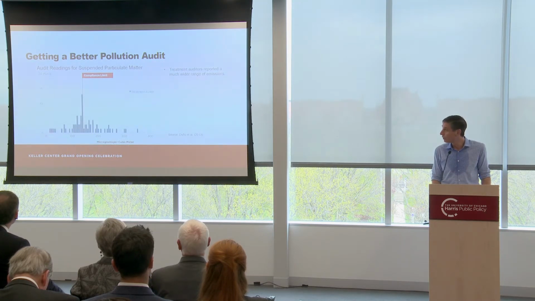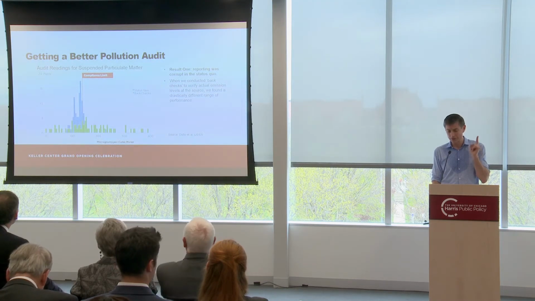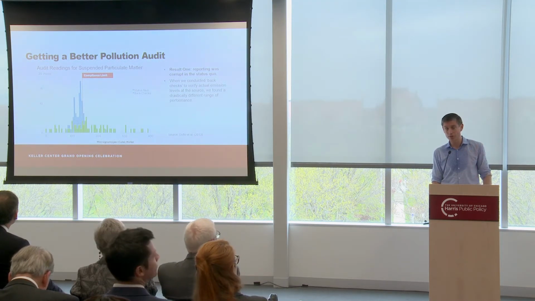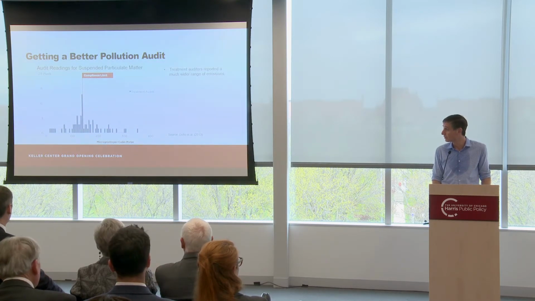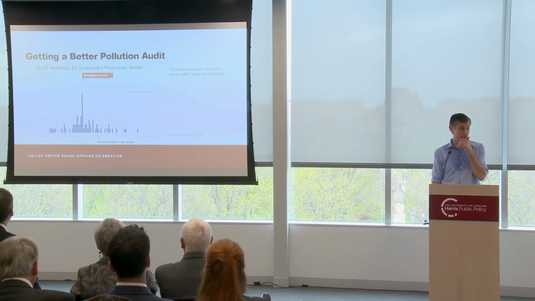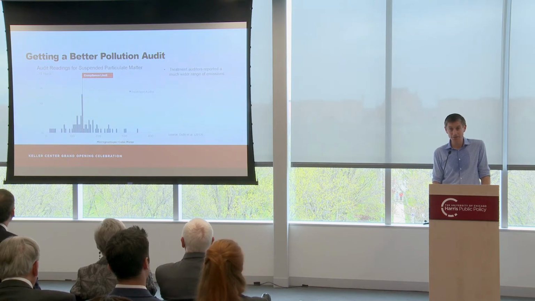Okay, so that's the control group. The first finding of the study is that the status quo, things seemed corrupted. Now let's take a look at the treatment group. Here's what the auditors reported. Remember, what we've tried to do here is to free the auditors from the tyranny of being paid by the plant.